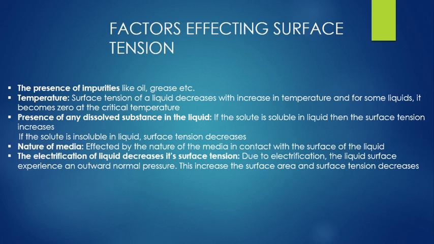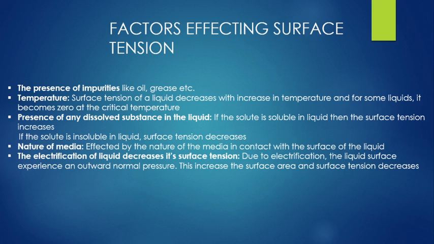Consider a liquid, and if we increase the temperature of the liquid, the surface tension of the liquid decreases. They are inversely proportional. That is, the surface tension decreases with increasing temperature.